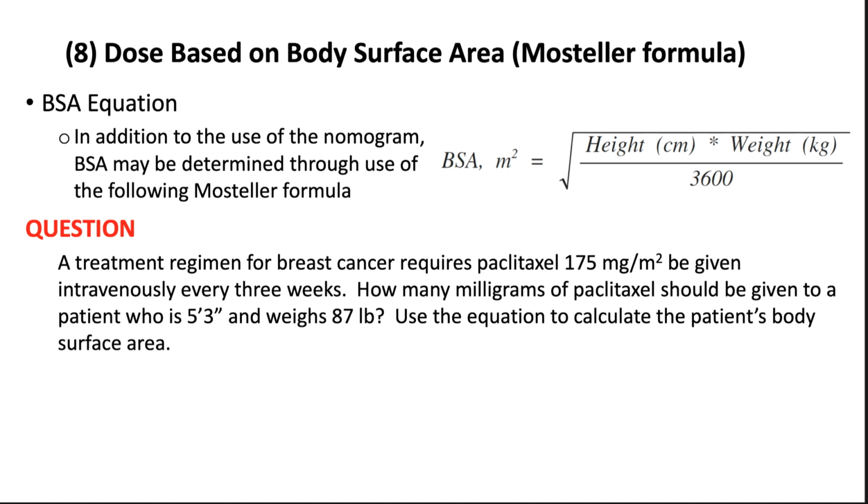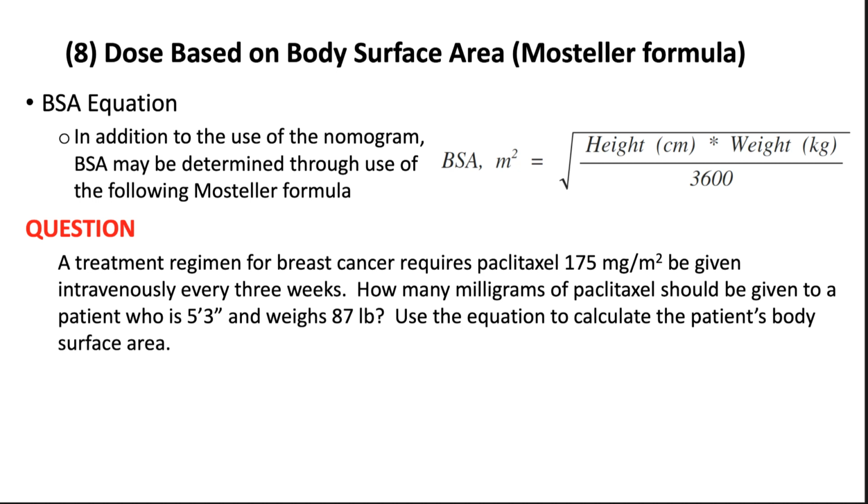Then remember to take the square root. So remember, height in centimeters times the weight in kilograms divided by 3,600. The square root of that gives you your final answer. And those units, when you do all of that, start with centimeters and kilograms, and when all that magic happens, your final number has the units of meters squared. All right? So let's practice this.